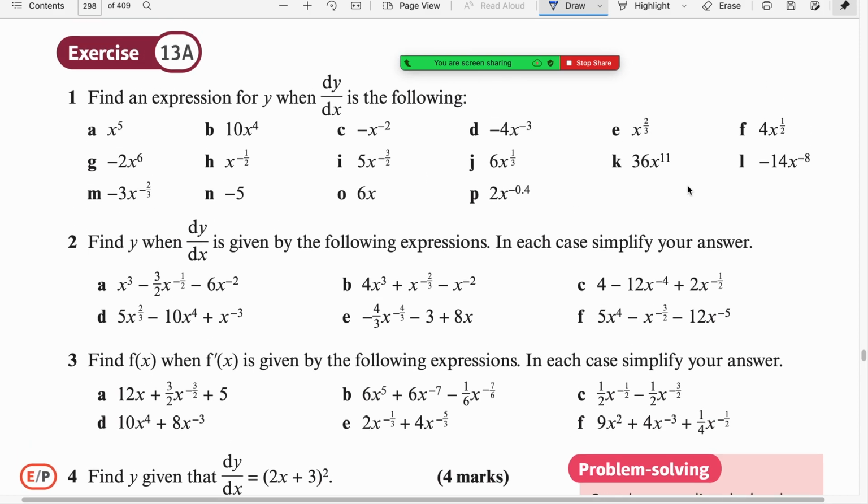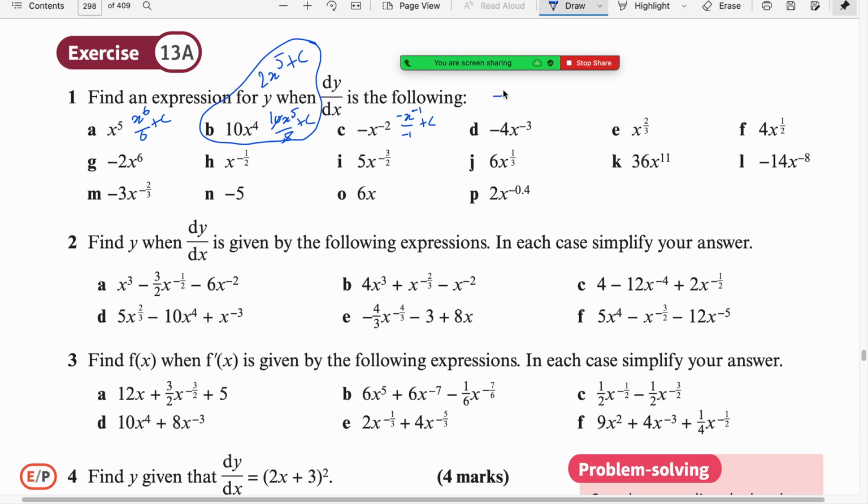Okay, now if you've understood, we'll quickly integrate these. Power plus 1 over new power plus c. 10x to the 5 over 5 plus c. Definitely you will be simplifying it, 5 divided by 5 once, 10 by 5 two times, and your final answer will be 2x to the 5 plus c for this part. C part, power plus 1 over new power plus c.